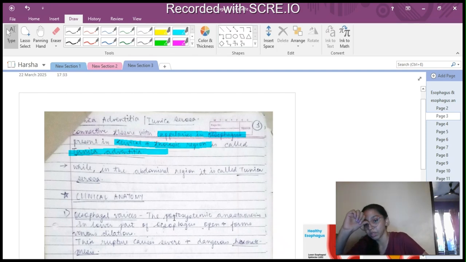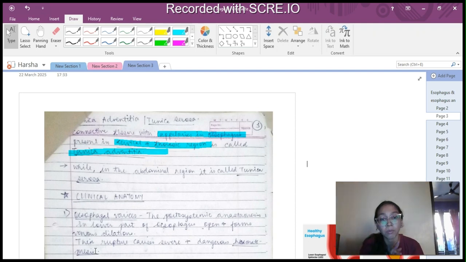The portosystemic anastomosis in the lower part of the esophagus opens and forms venous dilations, and their rupture causes severe and dangerous hematemesis. What is hematemesis? Hemat means blood, and emesis means vomiting. Whenever there are blood stains in the vomit of a person, that is known as hematemesis.